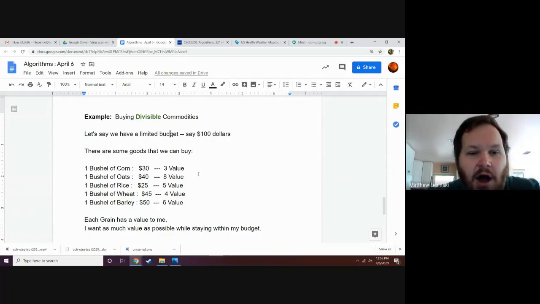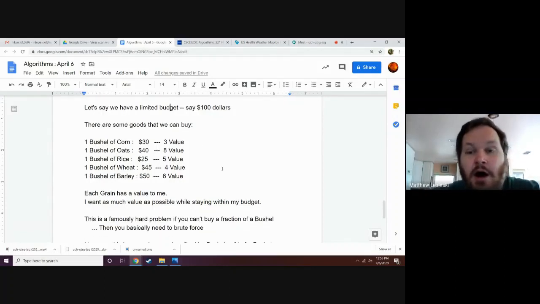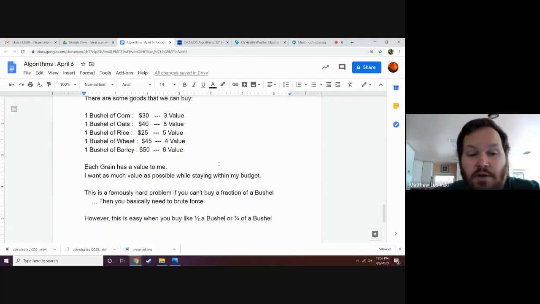Staying within your budget and maximizing value, finding the absolute best way to get value out of your budget, is actually a really hard problem for computers to solve if you can't split up an item into pieces. But if I can buy any fraction of a bushel of corn, like half a bushel or 2/3 of a bushel, then this actually becomes an easy problem that can be solved with a greedy algorithm.